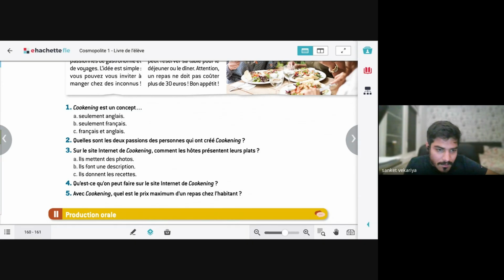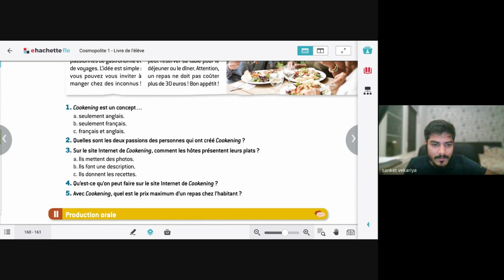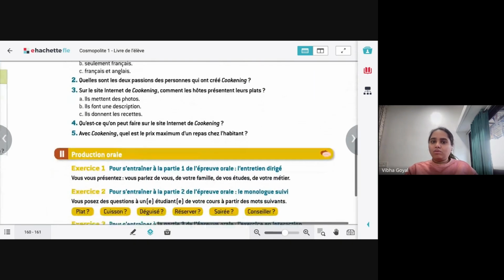Avec cooking, le prix maximum d'un repas chez l'habitant, c'est 30 euros. C'est bien. Okay. Bien.